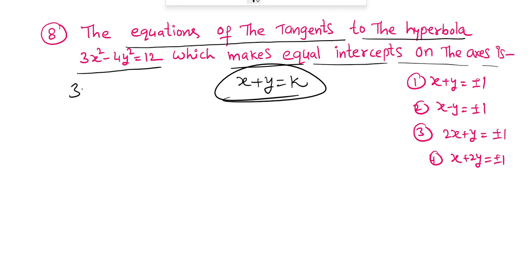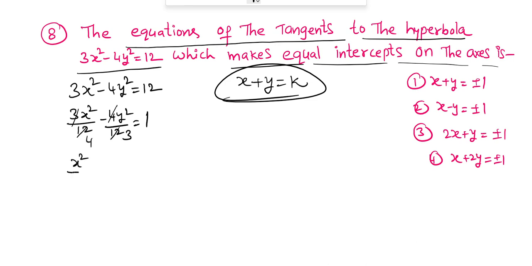The given hyperbola is 3x² − 4y² = 12. Dividing by 12, 3x²/12 − 4y²/12 = 1. So the 3 and 4 cancel. From this, x²/4 − y²/3 = 1.